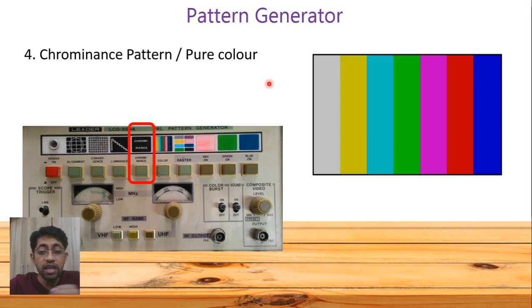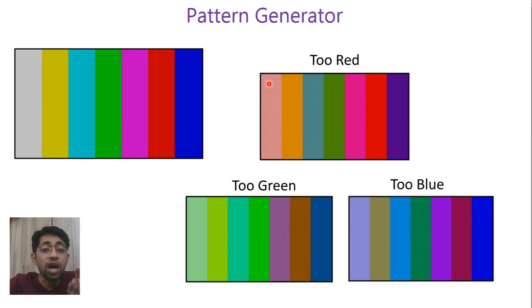For example, if the color amplifier or color demodulator is not working perfectly, some mistake is there, then you can see that your color may look either too red, too green, or too blue. So by applying this pattern, one can predict which settings are necessary to produce the perfect color.